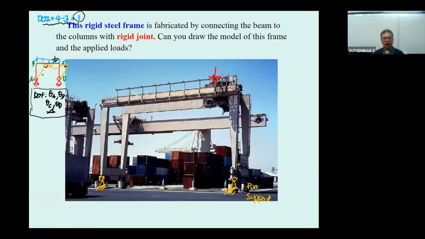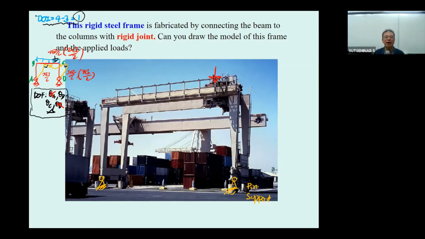For the moment distribution, you may use 3EI over L for this one, and for the beam 4EI over L, and for this one 3EI over L. Okay, by doing this, you can reduce zeta sub A and zeta sub D. The degrees of freedom will reduce to only 3. If you use the slope deflection, this one is 3EI over L also, but for the slope deflection, the equation could be 2EI over L for this side.